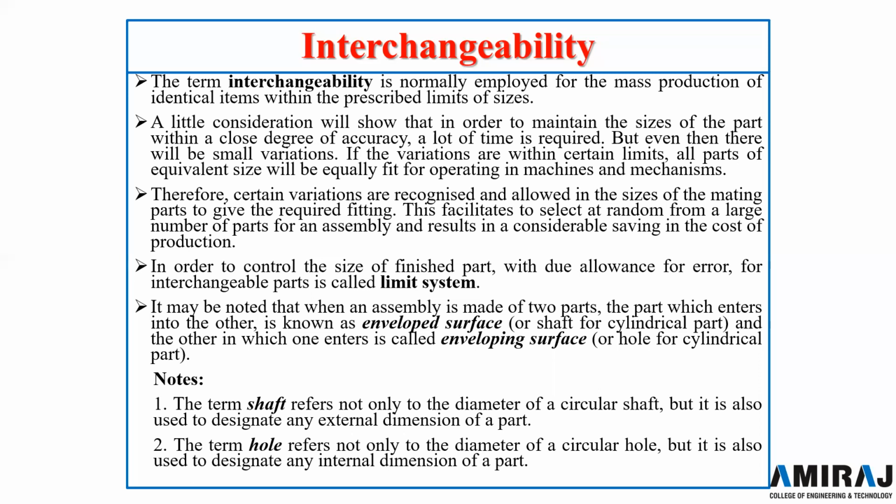If the variations are within certain limits, all the parts of equivalent size will be equally fit for operating in machines and mechanisms. Therefore, certain variations are recognized and allowed in sizes of matching parts to give the required fitting. This facilitates selecting a random range from a large number of parts for an assembly and results in a considerable saving in cost of production.